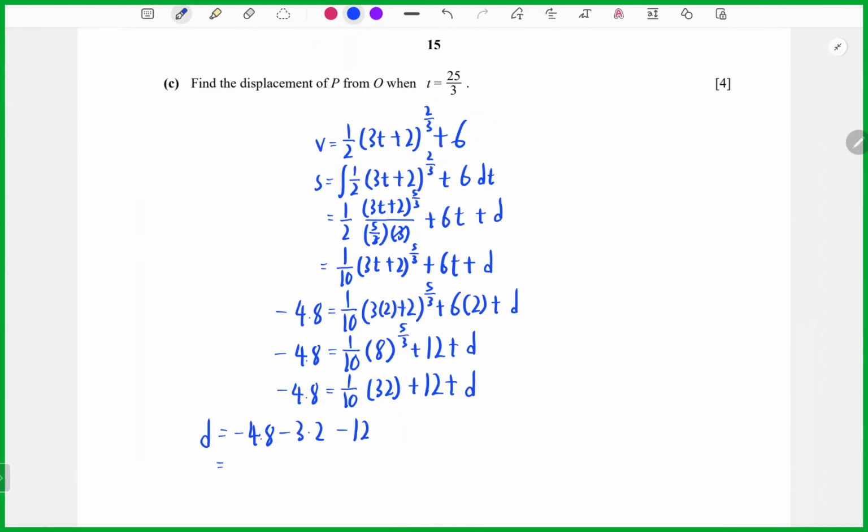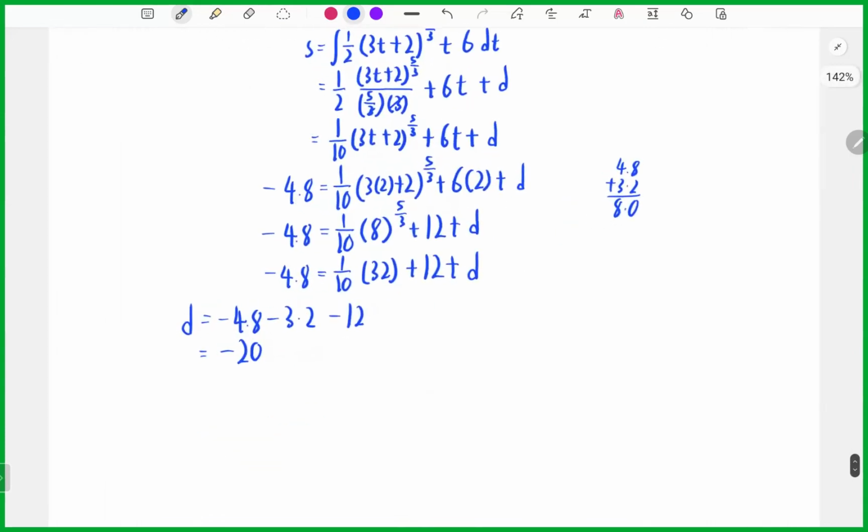Let's see the value: 4.8 plus 3.2 you will get 8, then minus 12, you will get negative 20. So you can write s equals 1/10 (3t + 2)^(5/3) plus 6t minus 20.